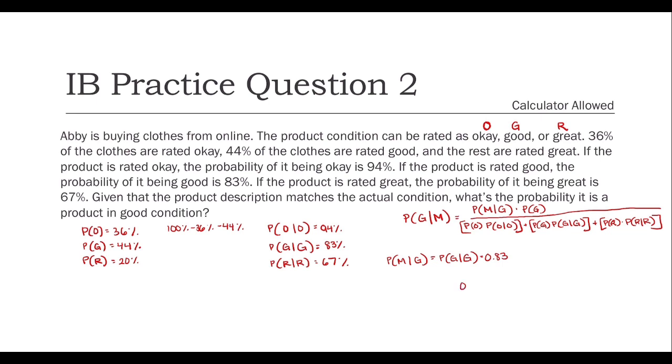So we'll have 0.83 times the probability of good, which is 0.44, divided by the probability of it being okay times the probability of okay given okay, plus the probability of it being good times the probability of it being good given that it's good, plus the probability of it being great times the probability of it being great given that it's great.